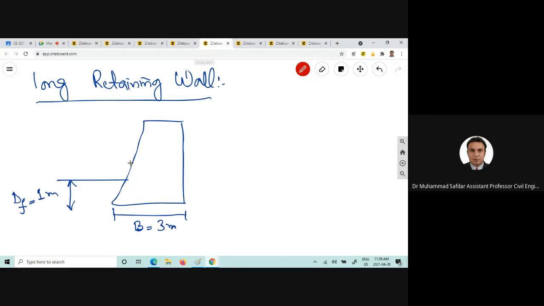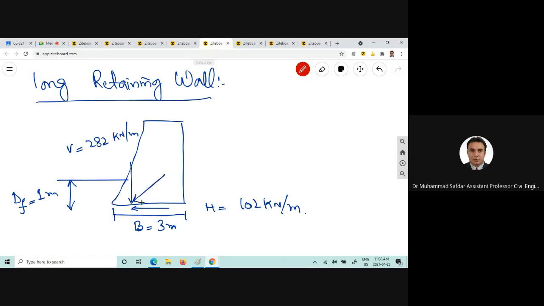Now, the problem says that the vertical load which is applied here is 282 kilonewton per meter, and the horizontal load which is applied would be equal to 102 kilonewton per meter.